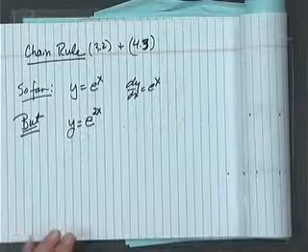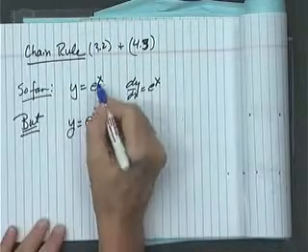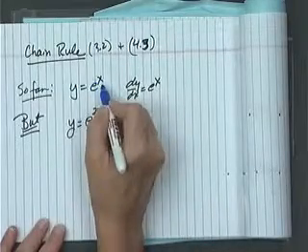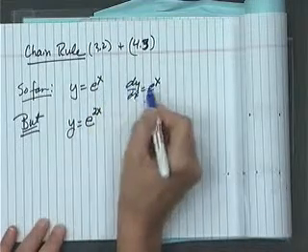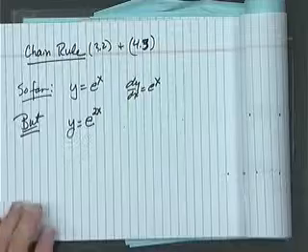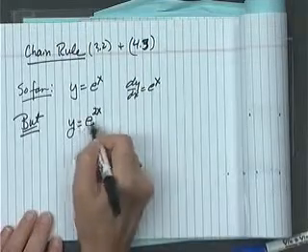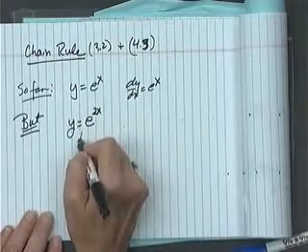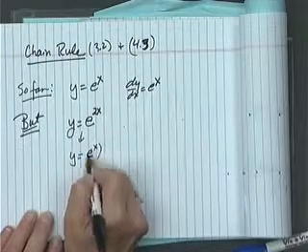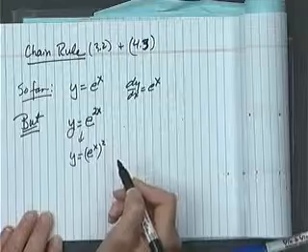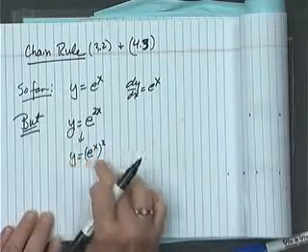We only have the rule for e raised to the variable x, not a function of x. We can get around this because we know our properties of exponents. So we would rewrite this as y equals e to the x squared. And then what rule would you use?